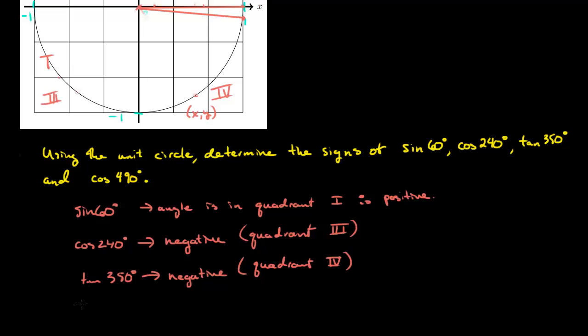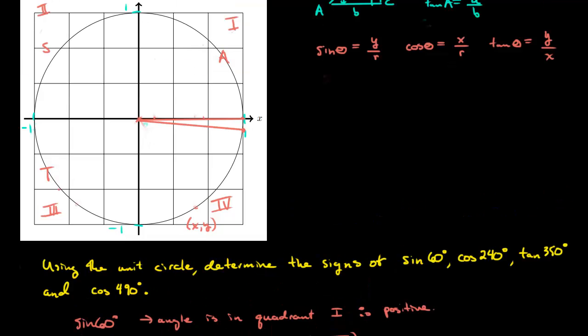And lastly, we've got the cosine of 490 degrees. Let's think about how to draw that angle. Let's sketch that out. 490 degrees, well, that's a full rotation. So we've gone 360 degrees. We've gone all the way around the unit circle with the terminal arm. And then let's think about this.